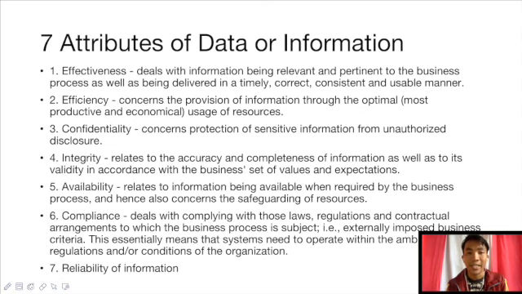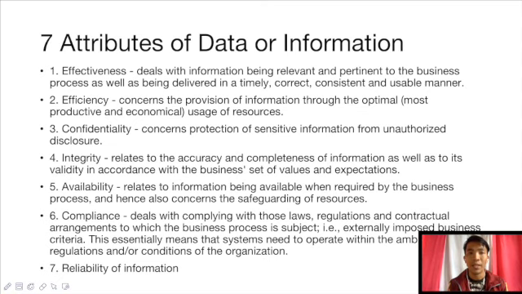Number 4, integrity relates to the accuracy and completeness of information as well as to its validity in accordance to the organizational goals and objectives. They are basic sets of values and expectations.